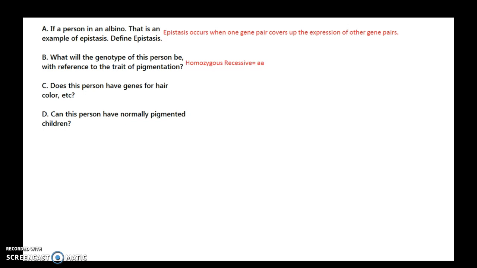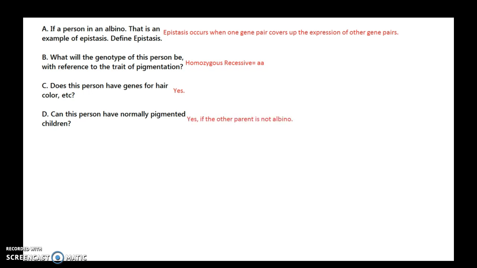Does this person have genes for hair color, eye color, skin color, etc.? Yeah, they actually do. They could have the genes for brown hair, green eyes, light skin, but they would be hidden by this whole epistasis thing. Can this person have normally pigmented children?